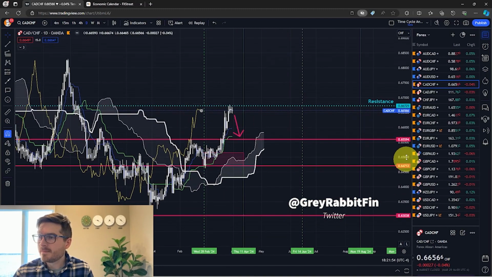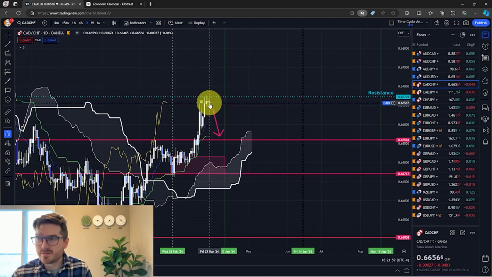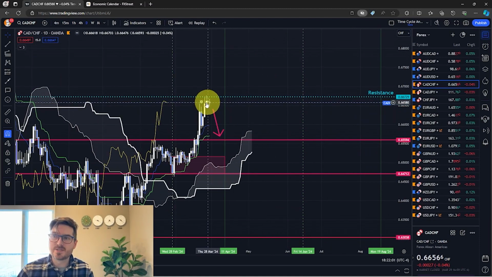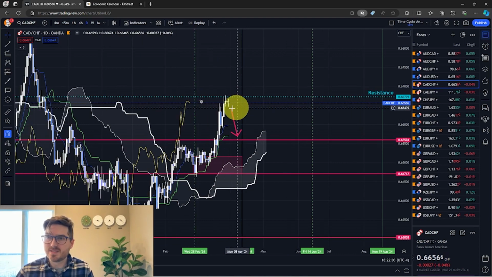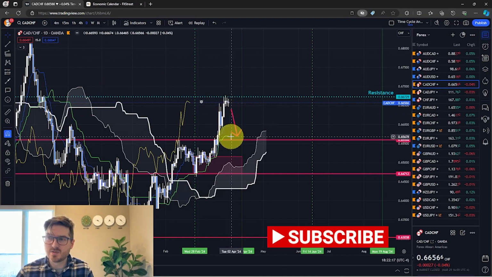But as you can see, the past few days we've had these really small spinning top doji candles here. And so what that's telling me is that since price has reached up to this long flat Senko Span B area, this is a really strong resistance zone. And we can also see too that the Tenkan-sen and the Kijun-sen are both flat.